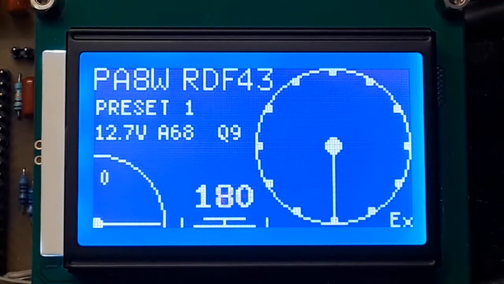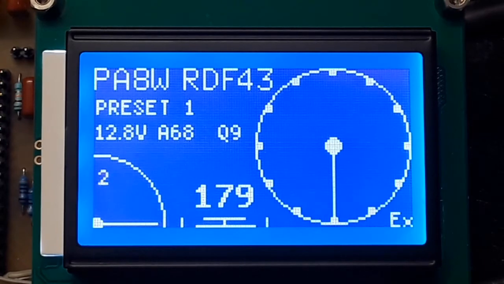Okay, well, we're looking at the main screen of the RDF43, and we have picked the best sampling moment by adjusting the gated sampling. And we're gonna see what happens when we pick a less than optimal point or go back to the full cycle sampling like is done in the RDF41 and 42.